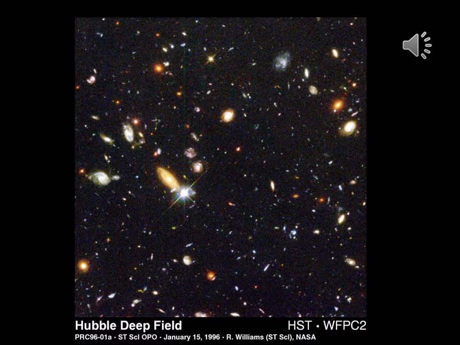Now we think that galaxies actually evolve from an earlier fairly weird shape into some that are spiral and some that are elliptical, and some that are somewhat a combination of the two. Hence that tuning fork that Hubble discovered.